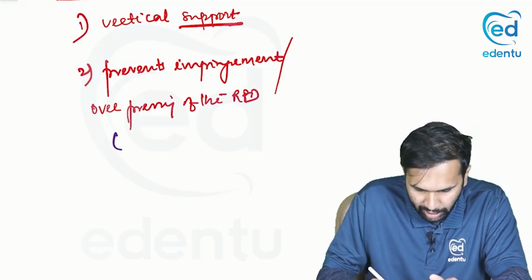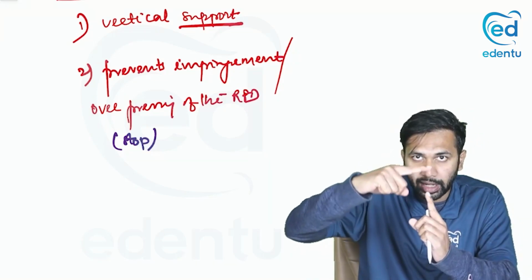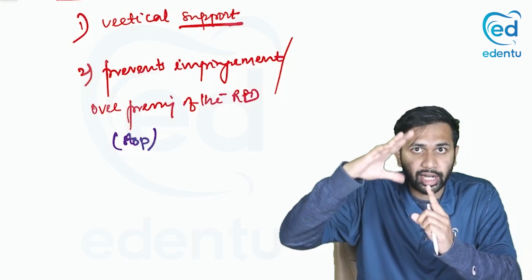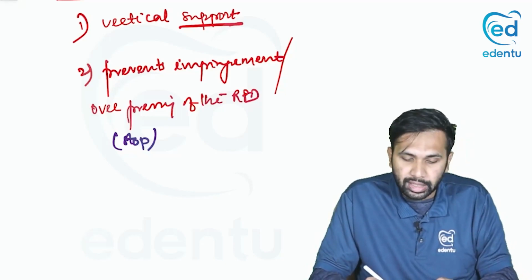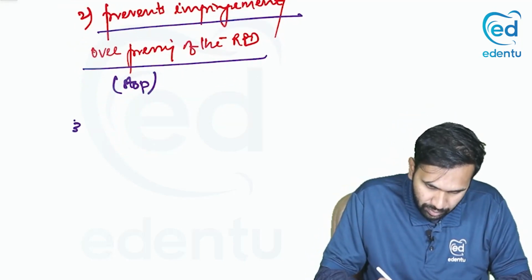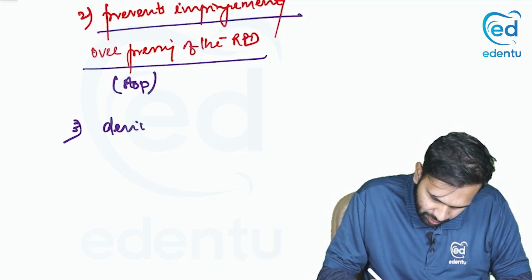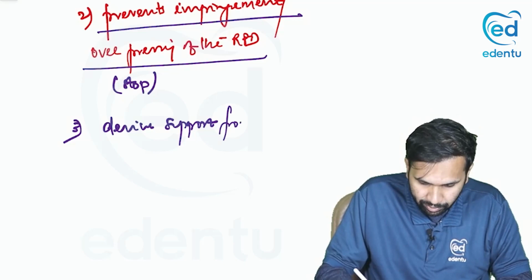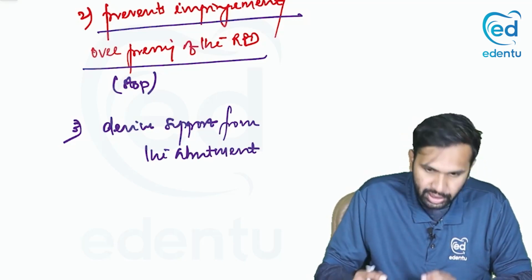Because the rest will act as a stop. When the rest is seated on the rest seat, you cannot press the RPD down any further. So it will act as a vertical stop, thereby preventing impingement or overpressing of the RPD. Again, it derives support from the abutment teeth, thereby resisting the masticatory load.